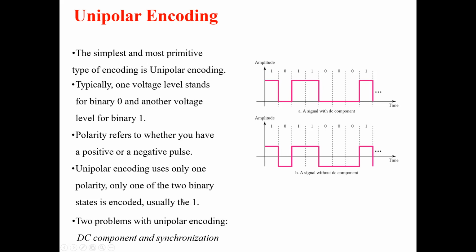When we are transferring the data with unipolar encoding, it is in the form of what? 0 and 1 mean on and off state. 0 represents the off state and 1 represents the on state.